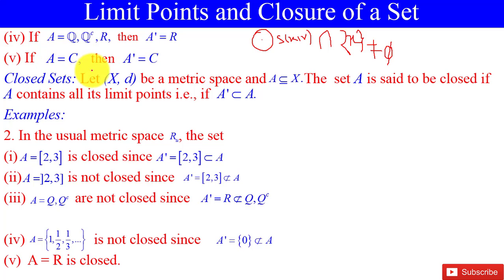If A is equal to C, then A dash is equal to C. Means if A is the set of complex numbers, then its derived set is the set of complex numbers.